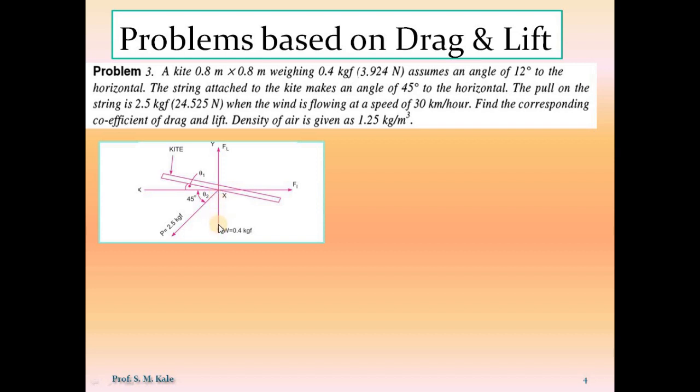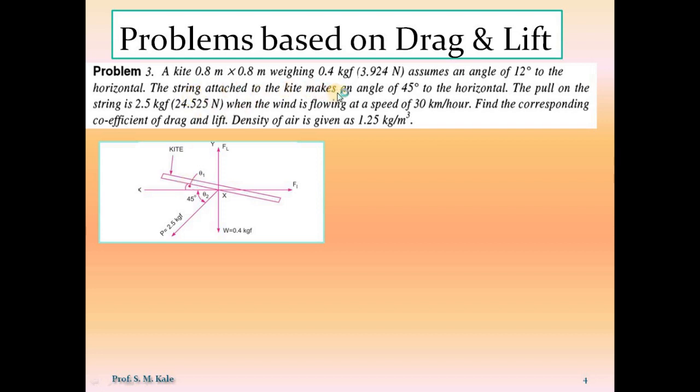So the weight of the kite will always act in the vertically downward direction. This kite is making an angle of theta equal to 12 degree with the horizontal. So here this is the horizontal line, and the angle made by the kite with the horizontal is nothing but 12 degree.